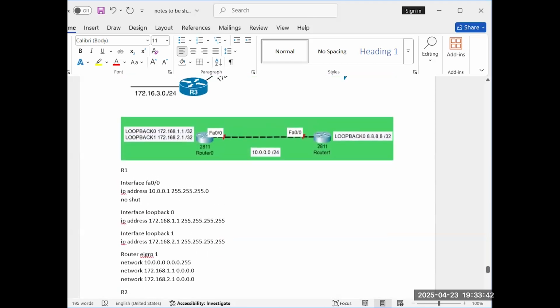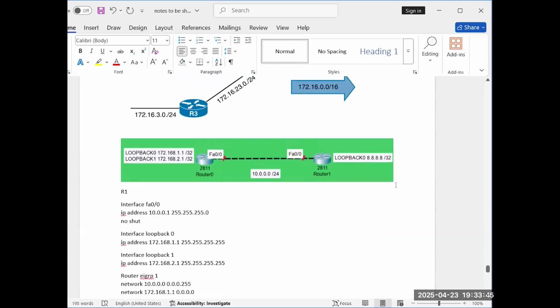With this, the EIGRP process is running on both the routers, both have formed the neighborship, and they have started to exchange routing information. Now, how to configure the summary route? I have two similar network IP ranges to advertise to this router, but instead of sending two different network prefixes, I'm going to send them as one.